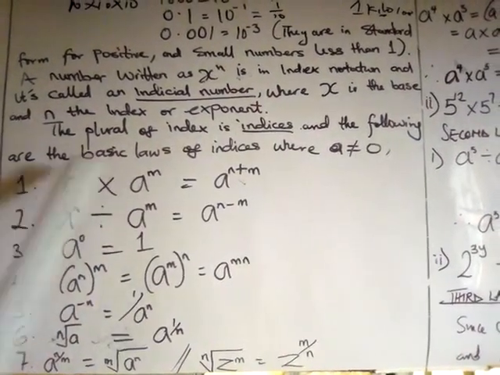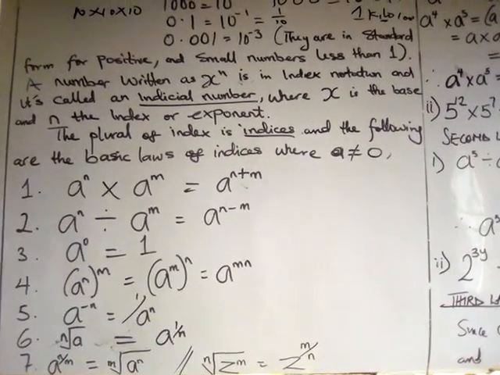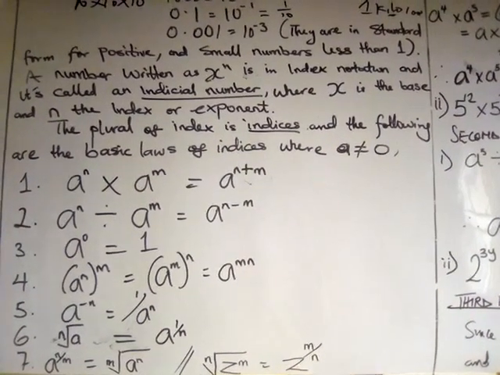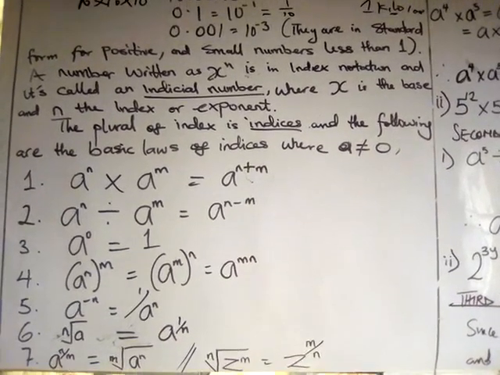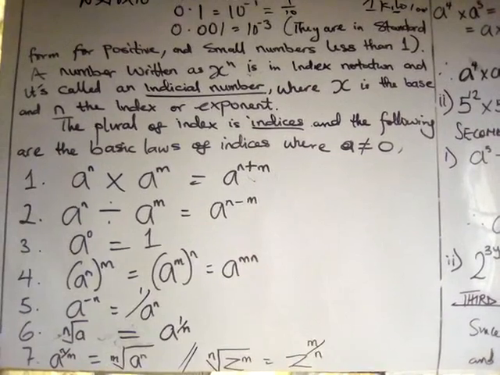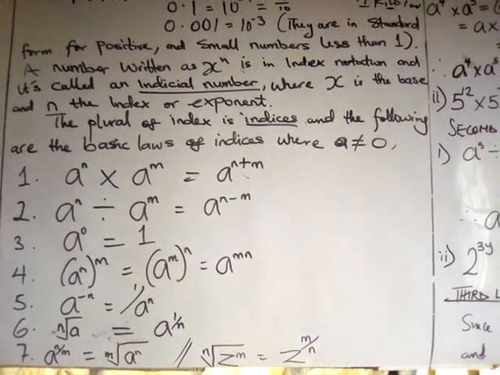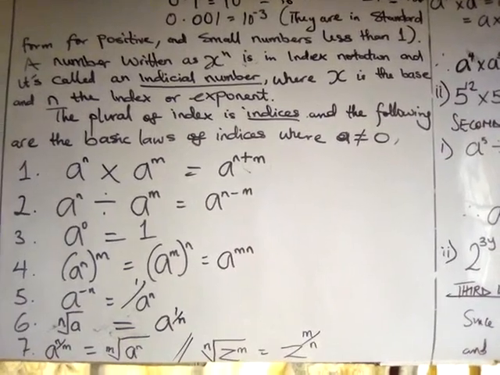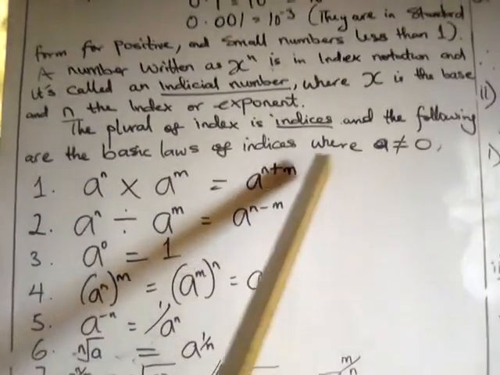And the following are the basic laws of indices. We have many indicial expressions, but if you can master these 7 and understand them, those are the basis for other indices that you may encounter in other areas of mathematics.